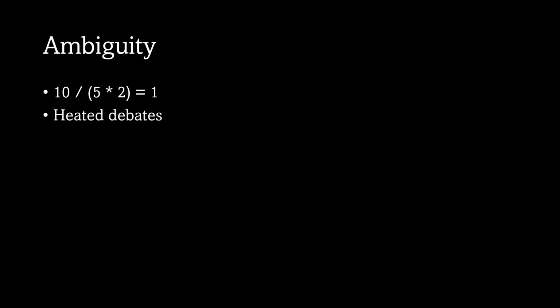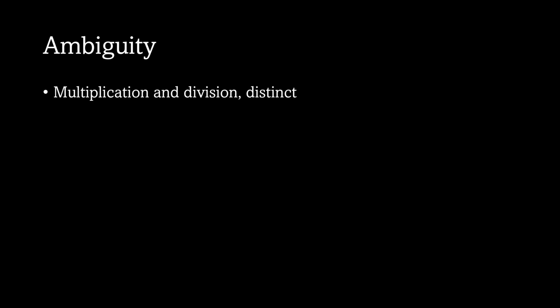This discrepancy has resulted in heated debates in mathematical communities, especially when additional concepts such as implied multiplication are factored in, since implied multiplication usually takes increased precedence. This issue arises from an often too prevalent choice to treat multiplication and division as distinct operations, individually having their own slot, so to say, in the evaluation order.